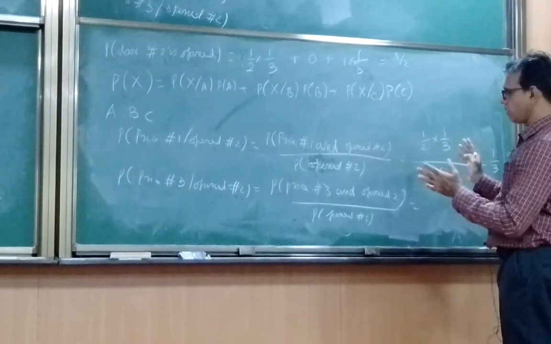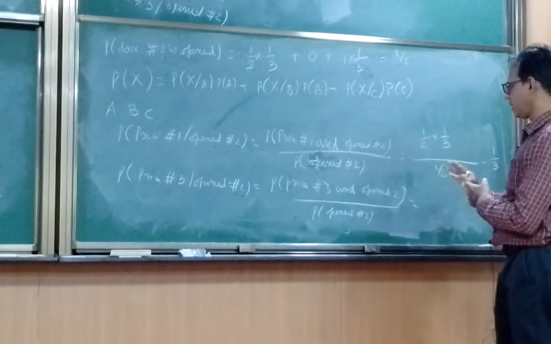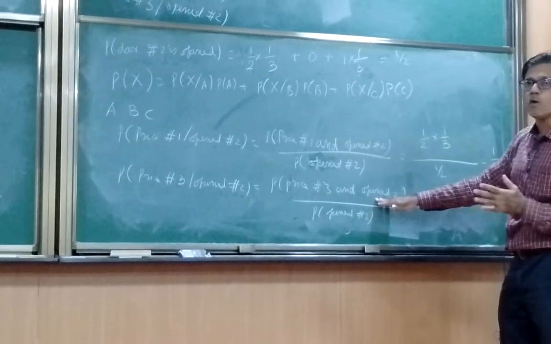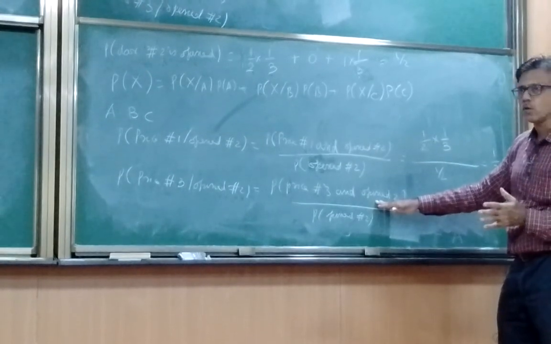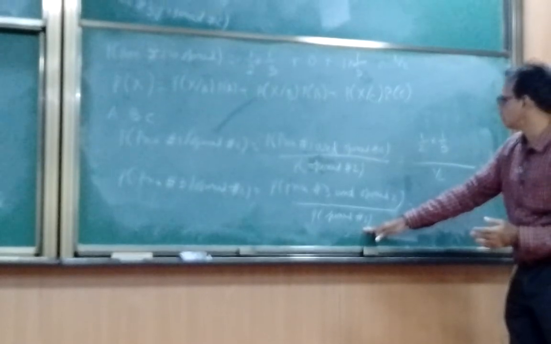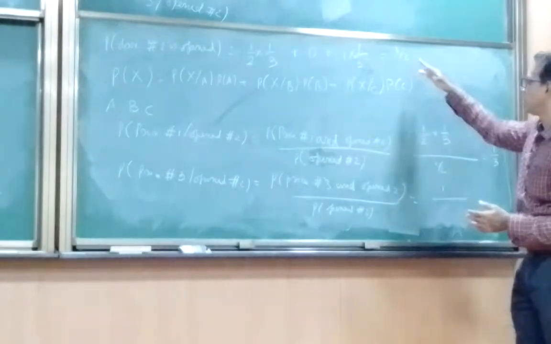So 1 is being selected and the price is in 3. So he has to only open 2, no other go. So this is 1. And the probability that he opens 2 is 1 by 2.